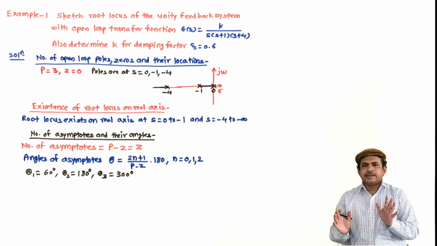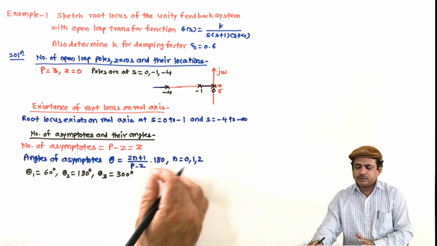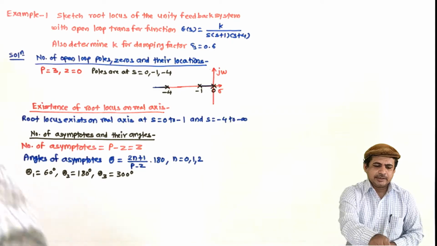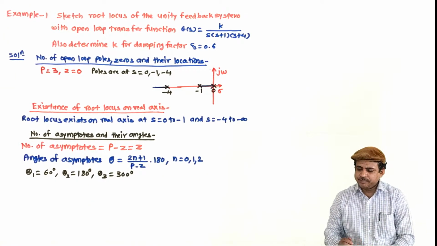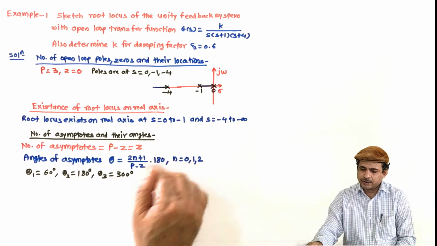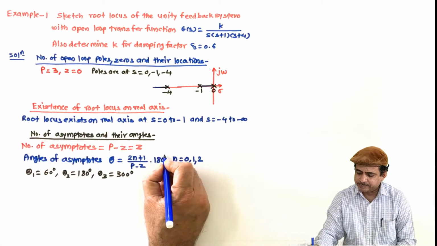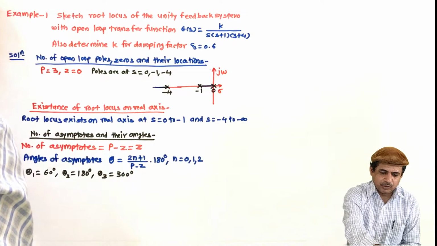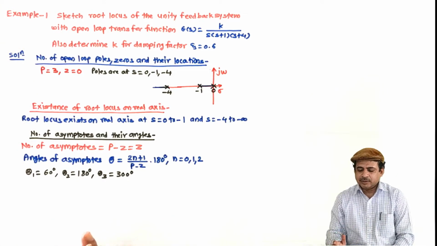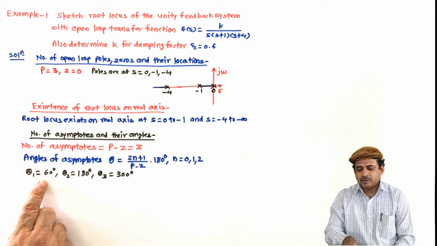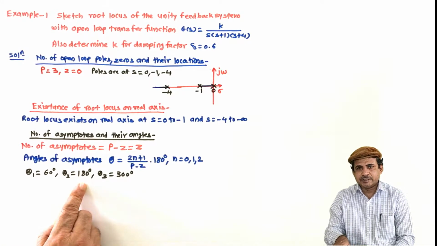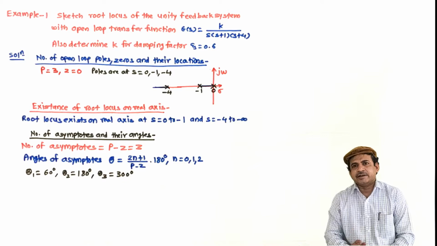So there is a simple technique to do this without using the formula. If the number of asymptotes is 3, then the first angle will be 180 by 3, that is 60. Then for every next angle you have to add double of this. So if the first angle is 60, add 120 to it, it becomes 180, again add 120 to it, it becomes 300.